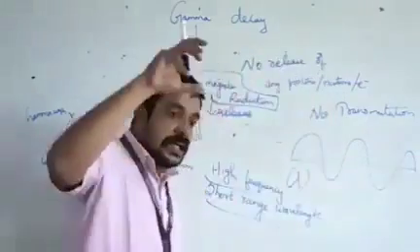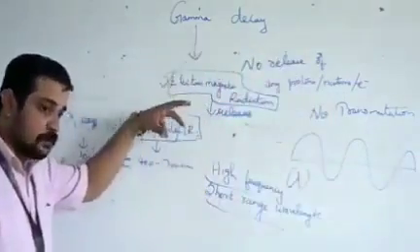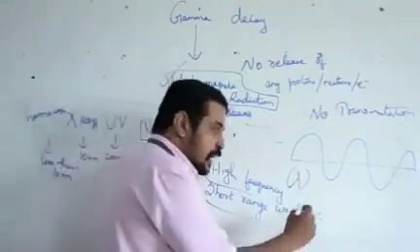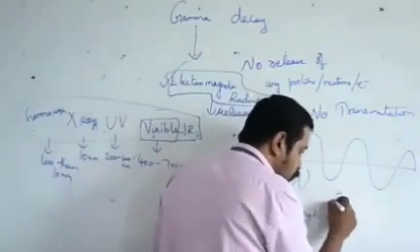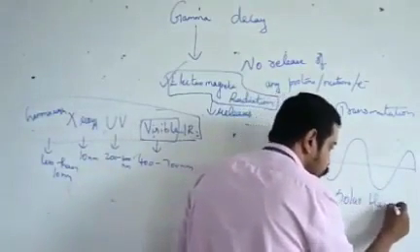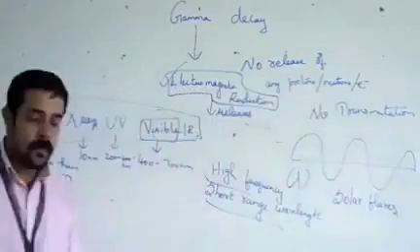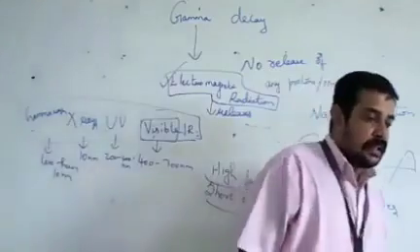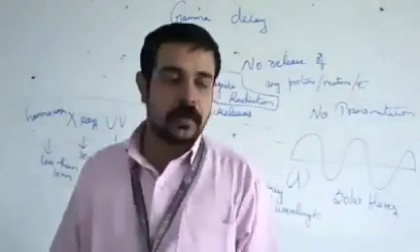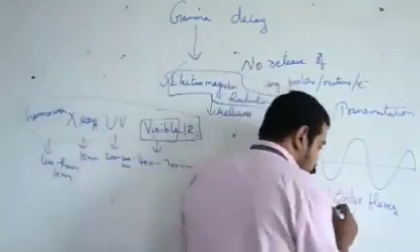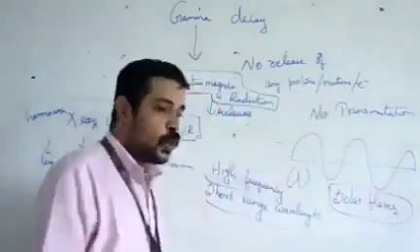Say, for example, the elements present in the sun are able to release a particular component called solar flares. If you take the sun as an example, as I told you, it is the ultimate source of energy. There are some elements in the sun which are able to produce solar flares.